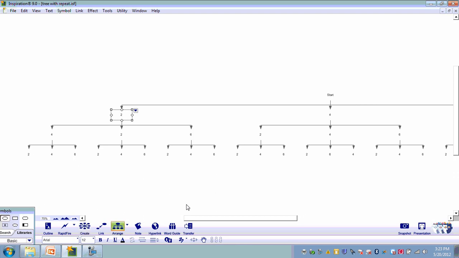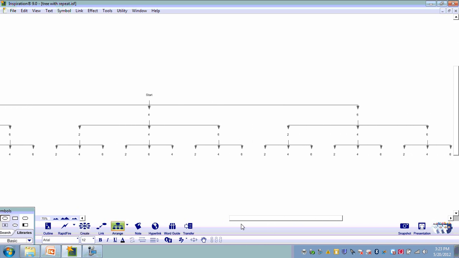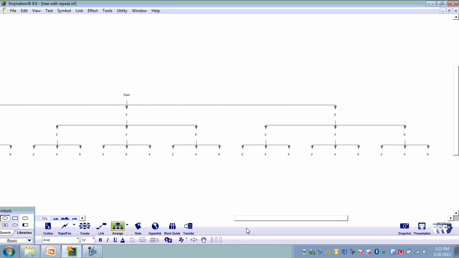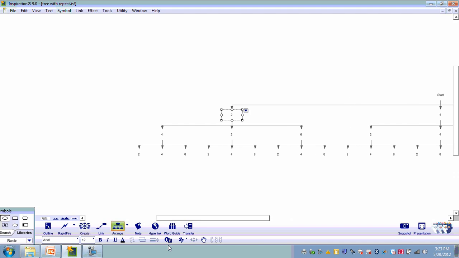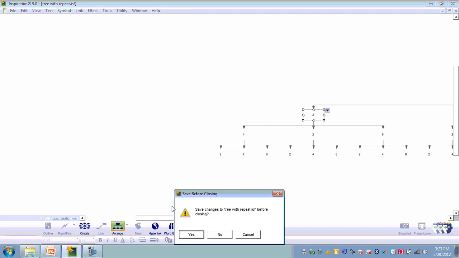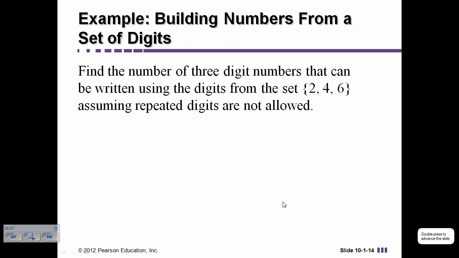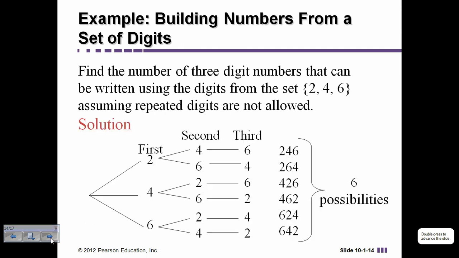So what I end up with is that there are 27 possibilities if I allow them to repeat their digits. Okay, but again, on the example that we're looking at here, we're not allowing the digits to be repeated, so there are only 6 possibilities.